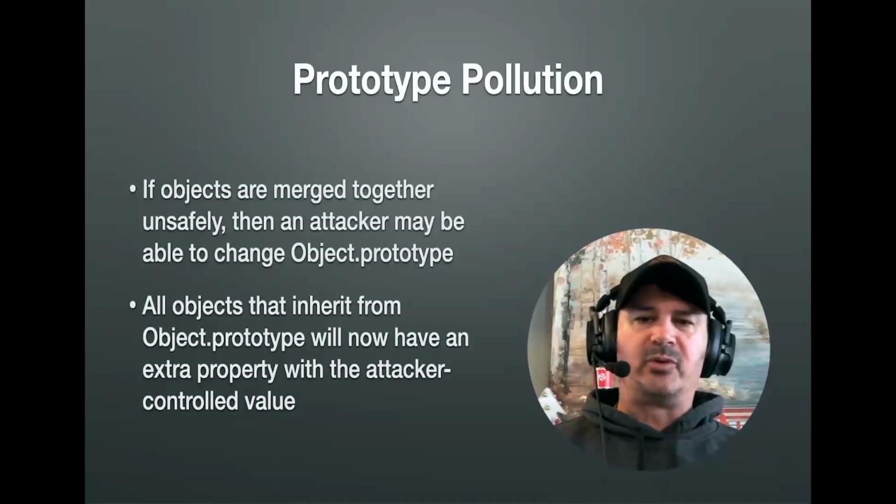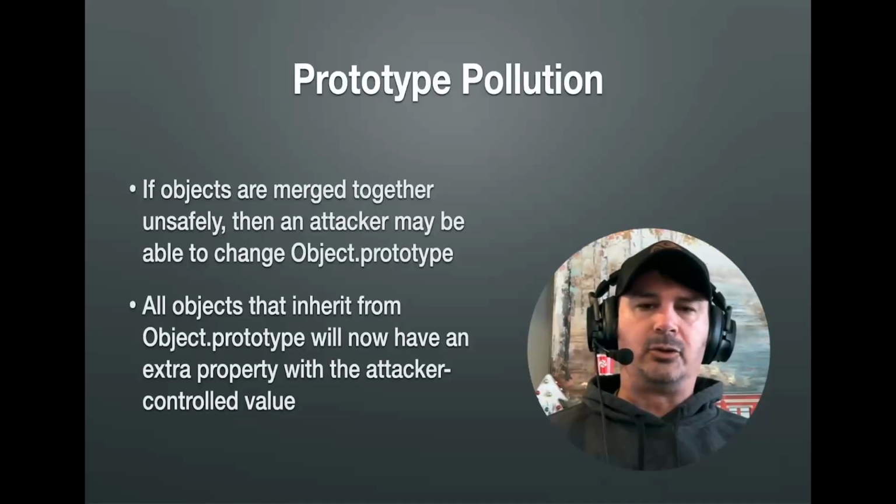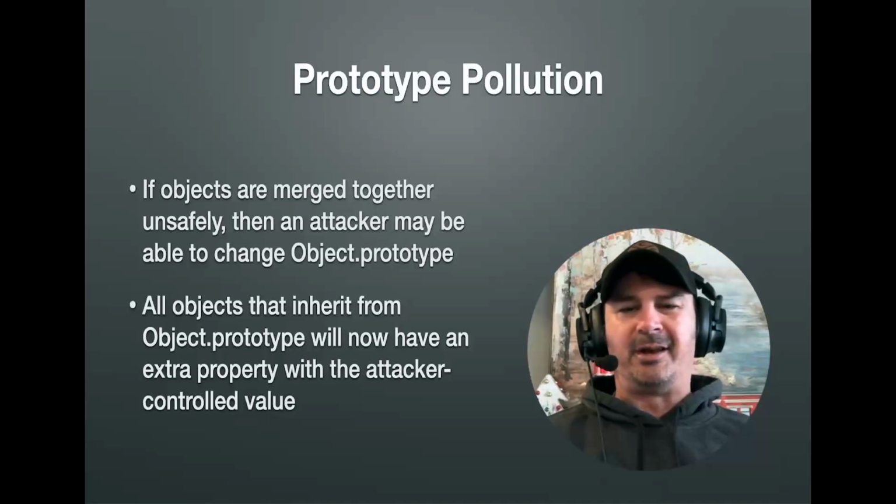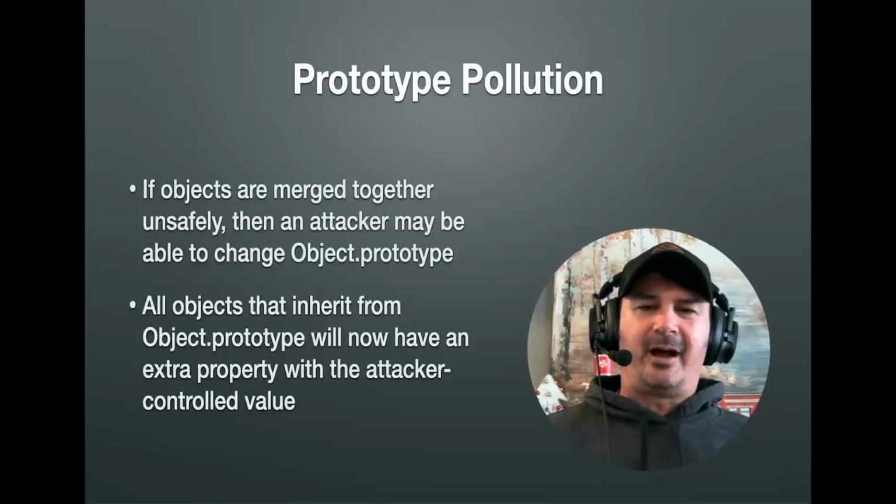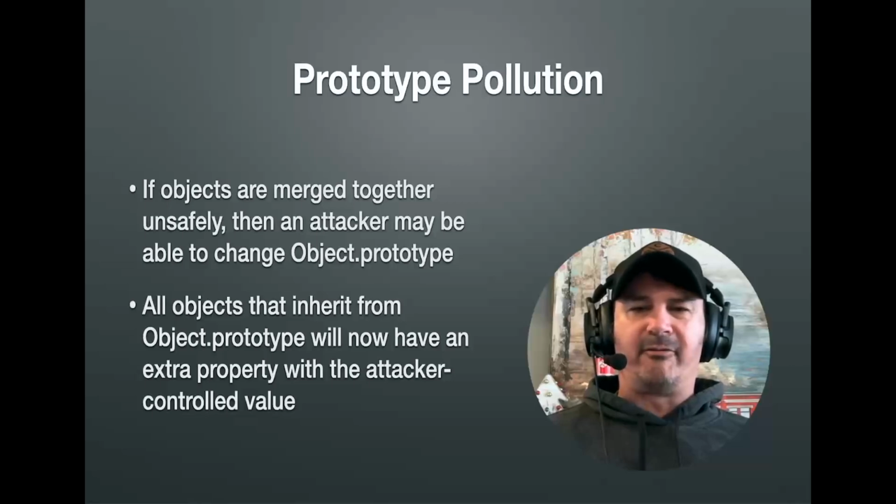So if you're able to pollute a parameter on the object prototype, any objects that inherit from that prototype will now have that additional property. Okay, so hopefully that makes sense.